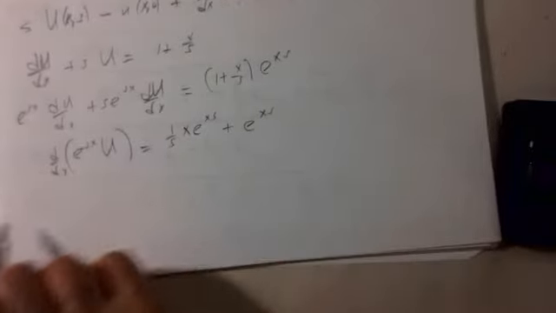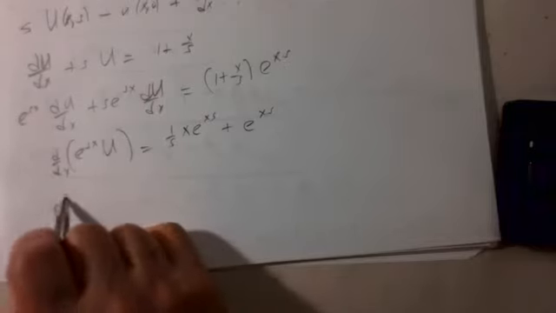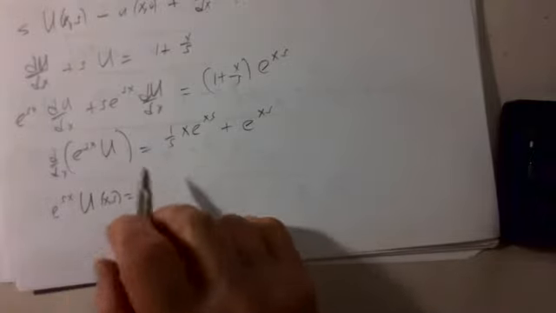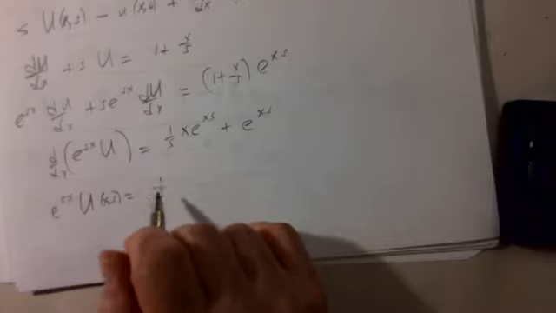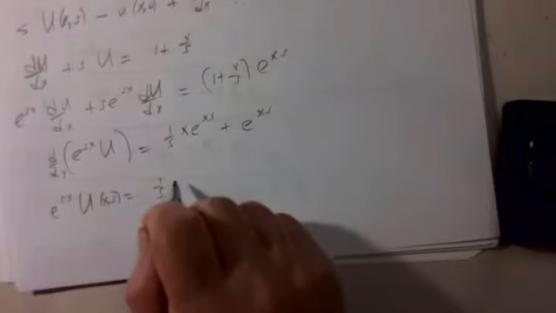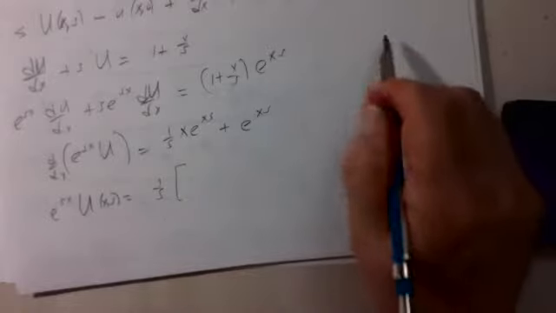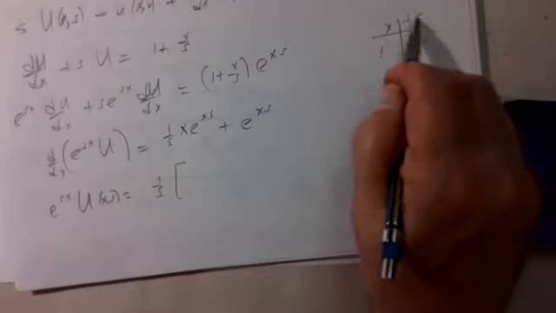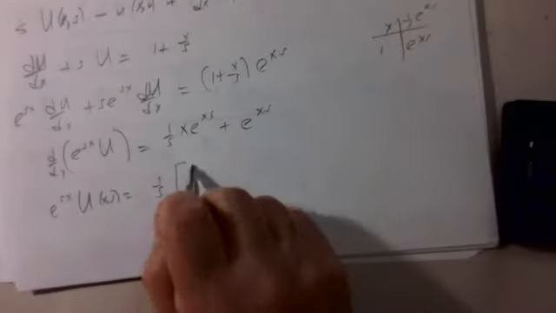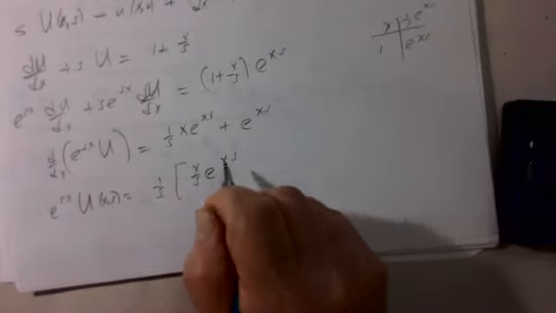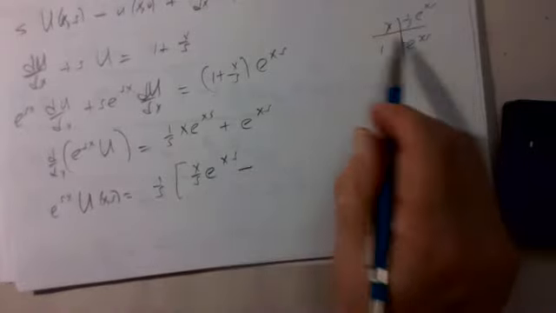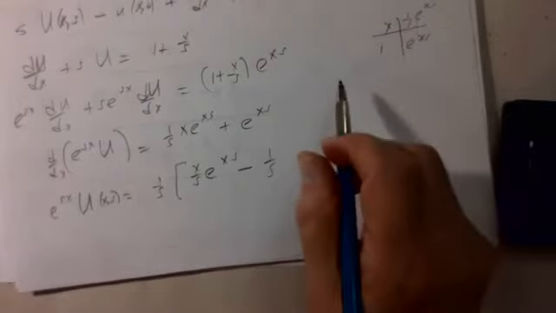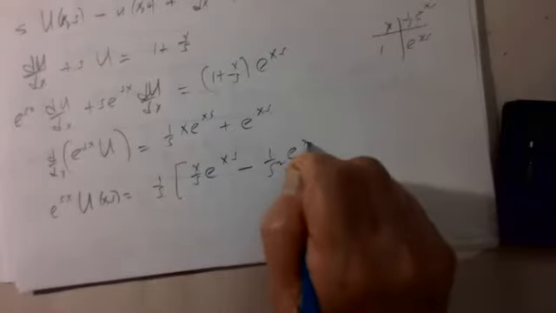So when we integrate with respect to x, what is the integral of this? Well, you have to integrate by parts. And when you integrate by parts, what you get is x e to the xs, 1 over s e to the xs. You have x over s e to the xs minus the integral of e to the xs, which gives us a 1 over s squared e to the xs.